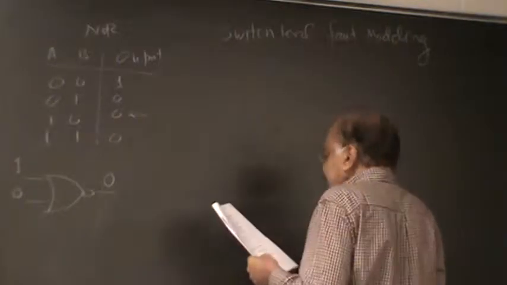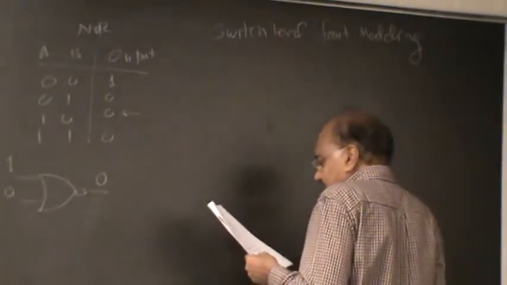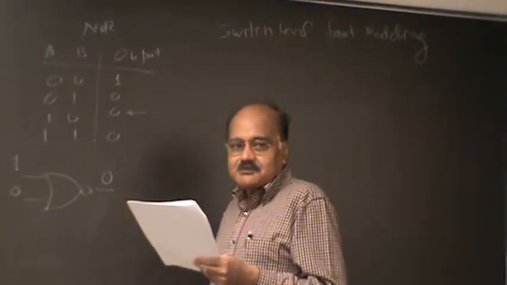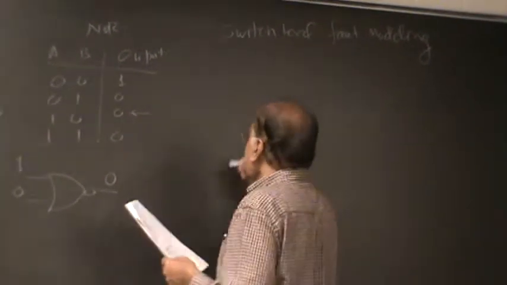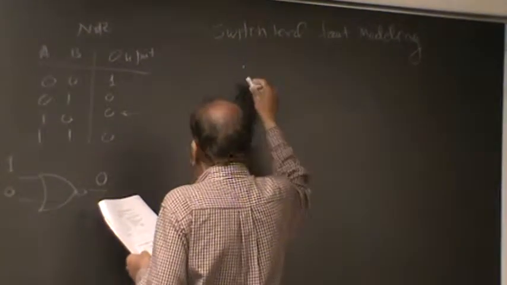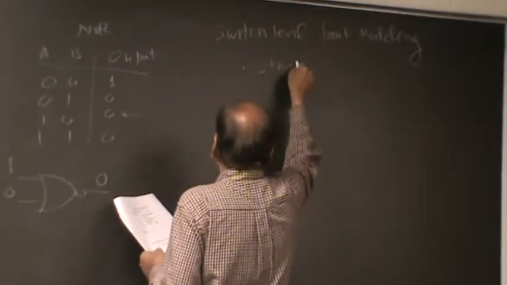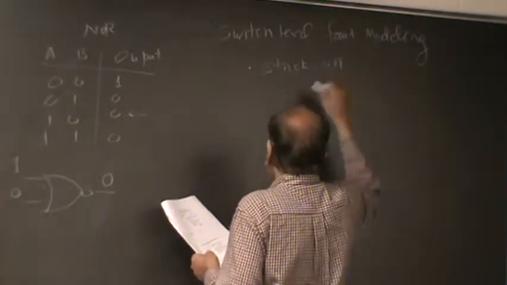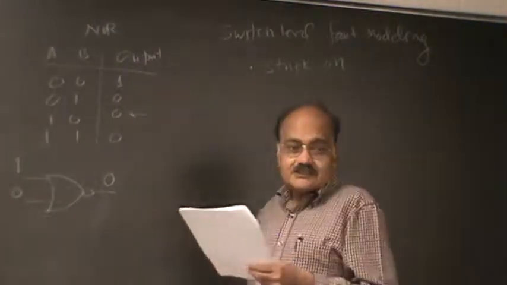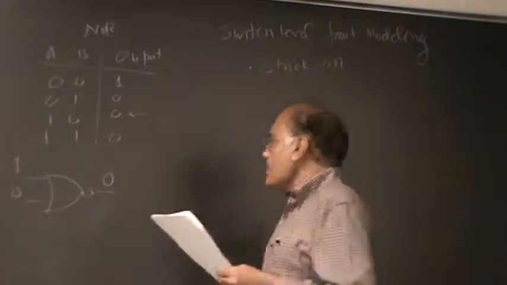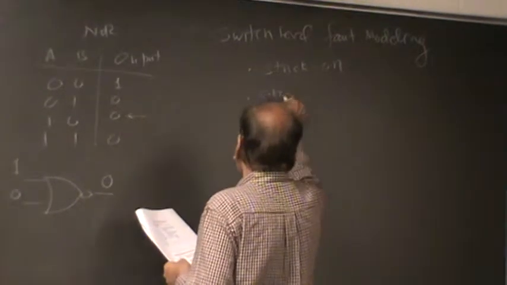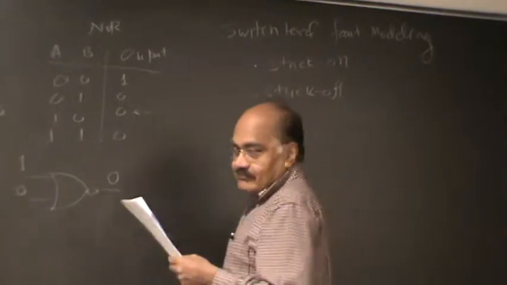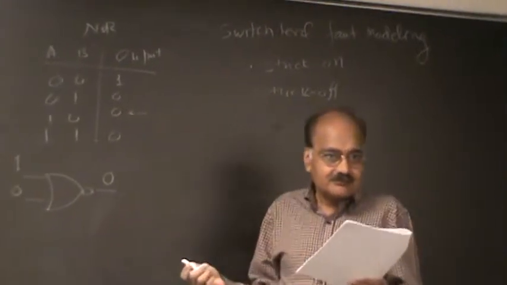So let's look at transistor level fault modeling. In transistor level fault modeling, the assumption is that a transistor is either stuck on, that means always conducting, or stuck off, that means it never conducts.